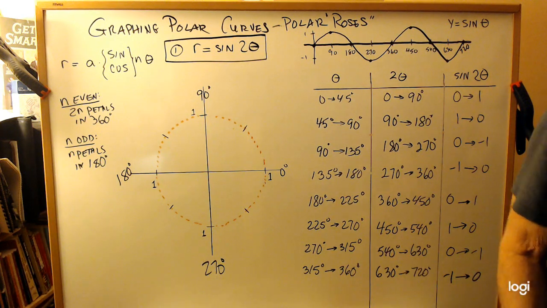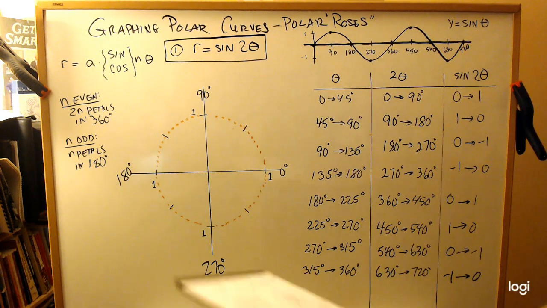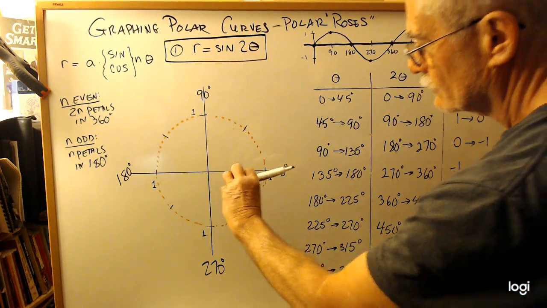Now from this chart, I can make a sketch of what the curve will look like. So when theta goes from 0 to 45, I'm looking at what happens.